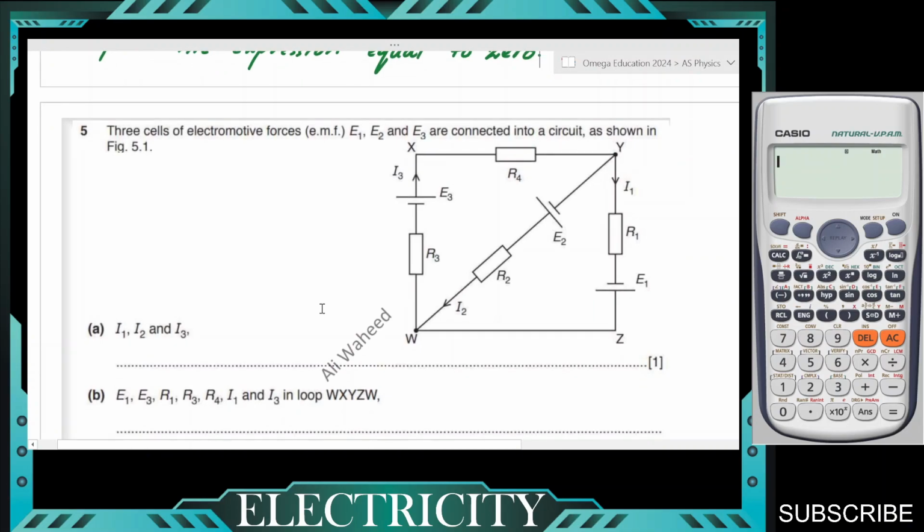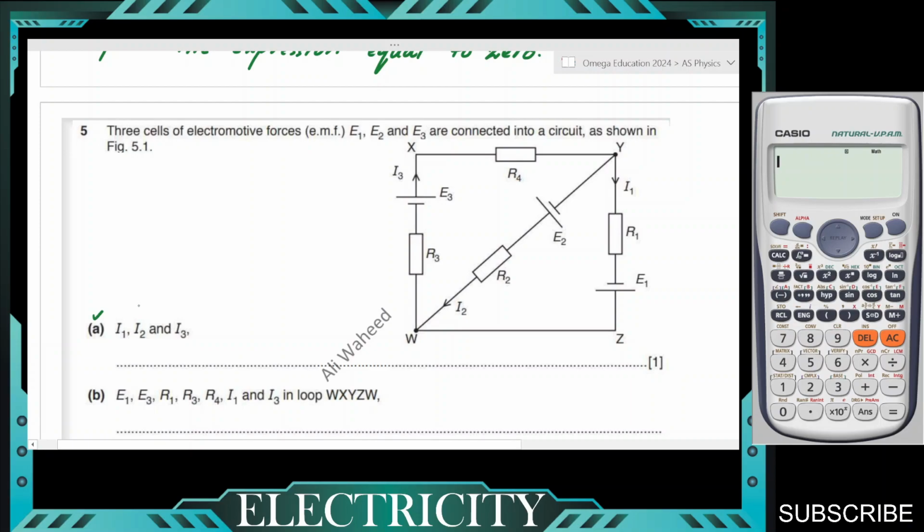The question reads: 3 cells of electromotive force E1, E2 and E3 are connected into a circuit as shown in figure 5.1. The first part is this one. I just cropped out some piece of information here.